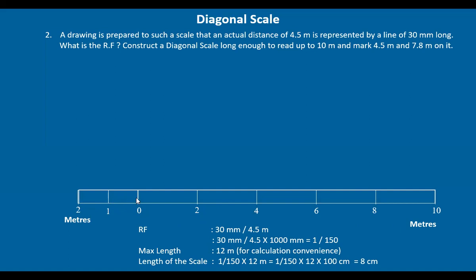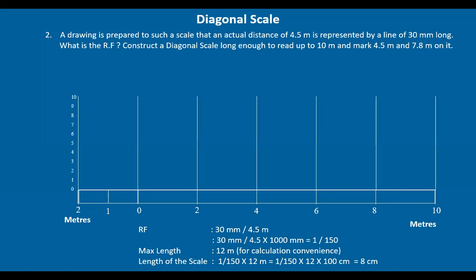Now, let us draw the diagonal scale by taking a vertical line here and some known length. You take, say, 5 mm or 6 mm, whatever is convenient depending on the amount of space available. So we have marked 10 divisions, 10 points. Why? Because 1 meter is equal to 10 decimeters, the next unit.